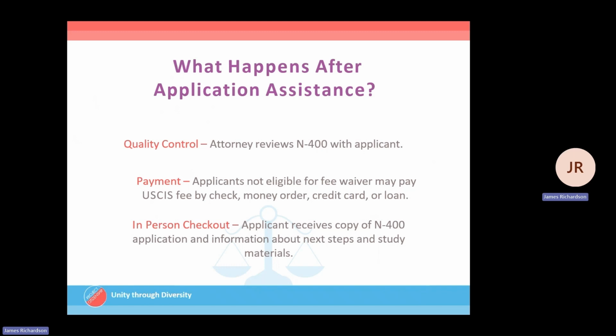And then also there's an in-person checkout. So for instance, the applicant will receive a copy of the N400, but will also receive study questions, timeline, frequently asked questions, things like that. That'll be helpful for them, as they're sort of waiting for the application to process.